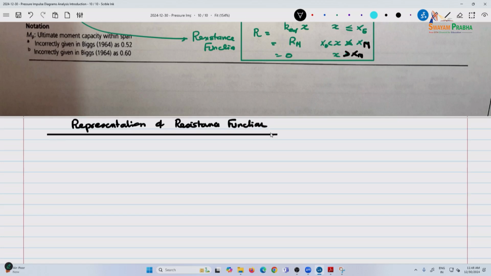Or what is a resistance function? Two quantities that are important in any beam loading. Typically you may have a max shear here, and here you will have a max moment.